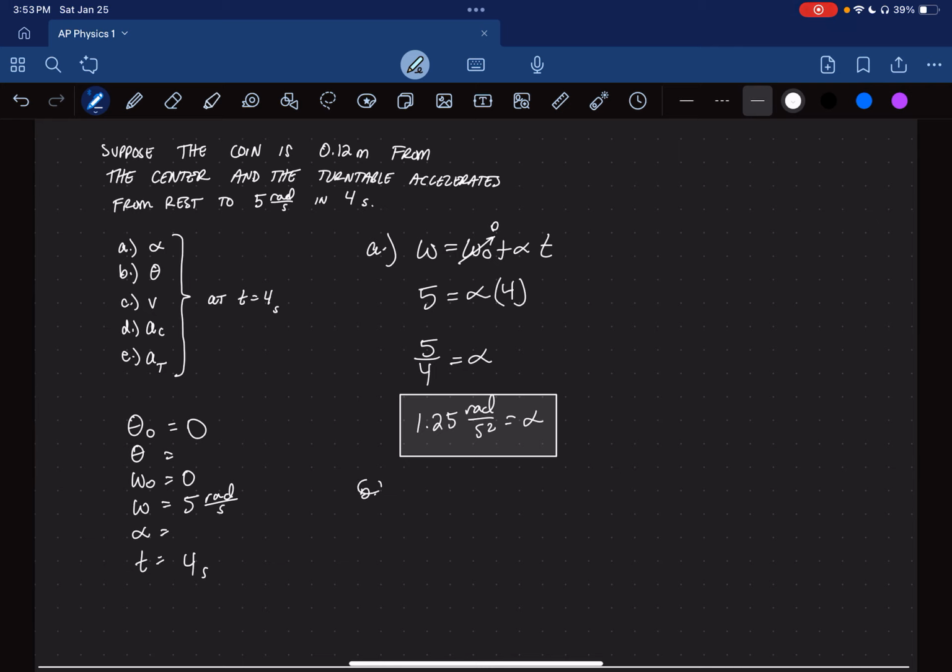B is, okay, what is theta? I choose equation 2, whoops, not A, alpha.